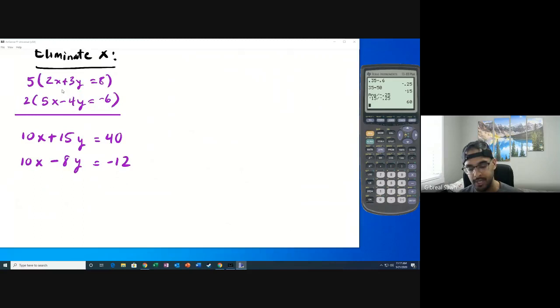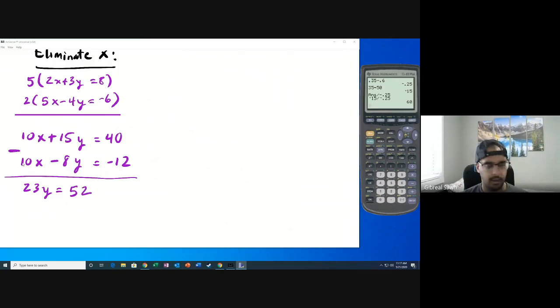Now in order to eliminate that x, we need to figure out if it's addition or subtraction. Those 10s are the same, both positive, same sign, subtract. So 15 minus negative 8 should give us 23y's. 40 minus negative 12 is 52.